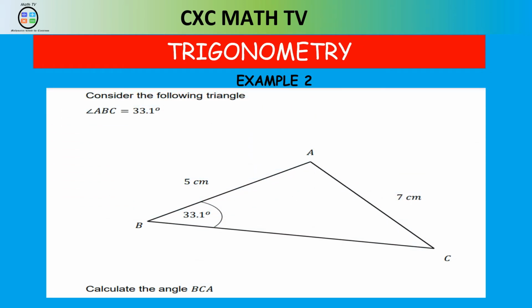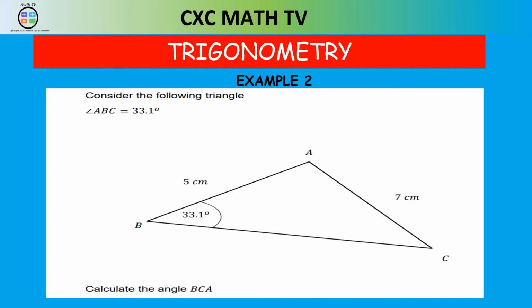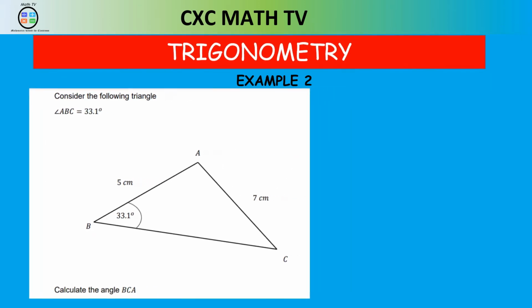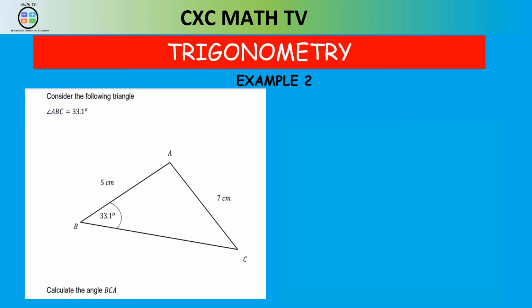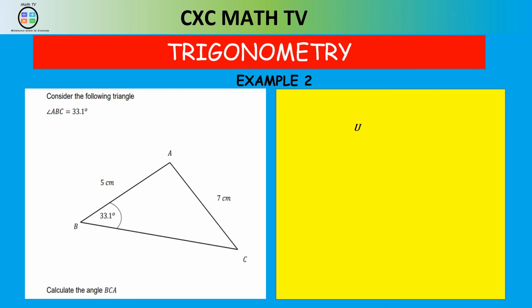Find angle BCA. So to find angle BCA, the angle at C, using sine rule, look at it. Now the sine of 33.1 degrees, 33.1 is opposite to the side AC, and AC has a length of 7 centimeters.